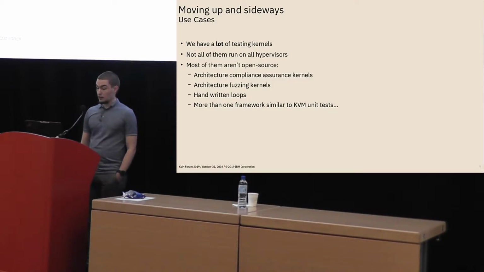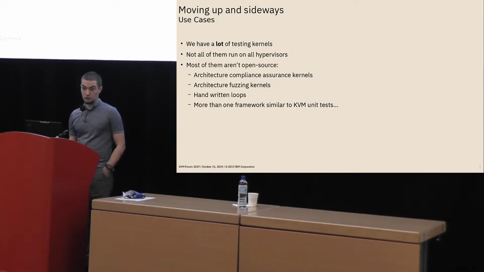We have a great architecture compliance assurance kernel, a fuzzing kernel, which is really great to find some errors in stressing situations. Handwritten loops which are mostly used by the firmware to check specific instructions and so on.